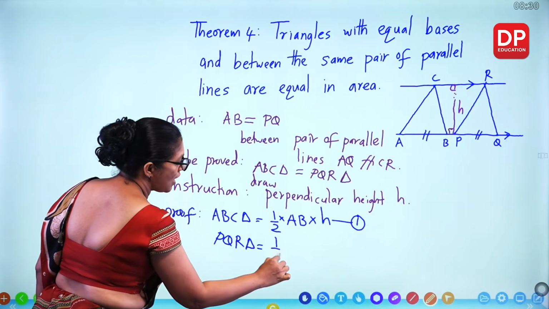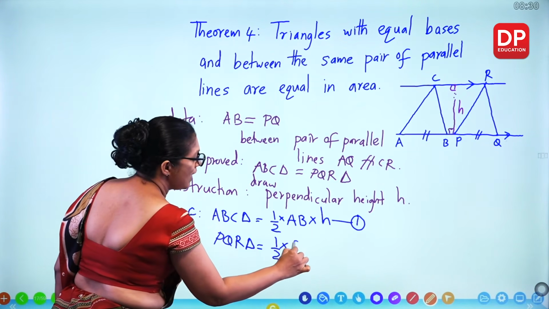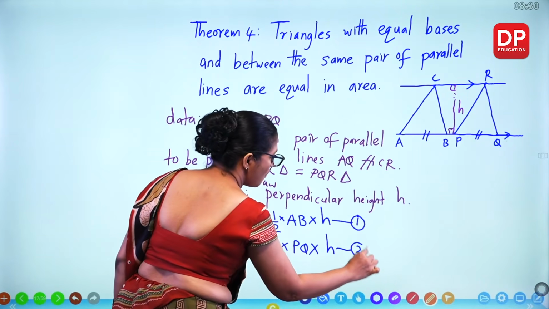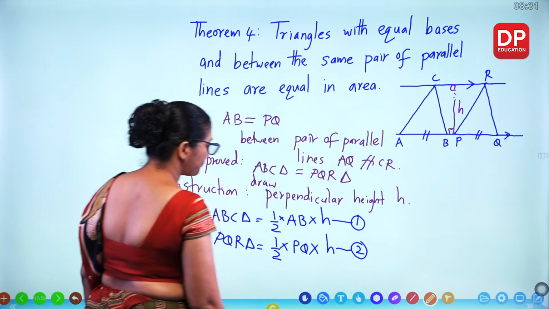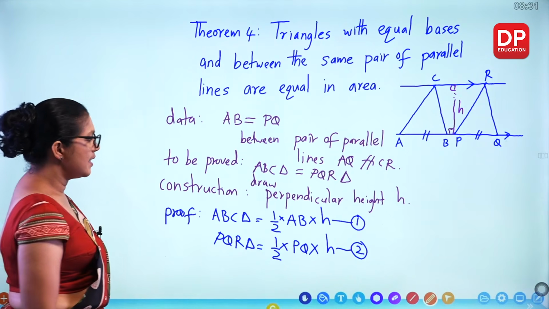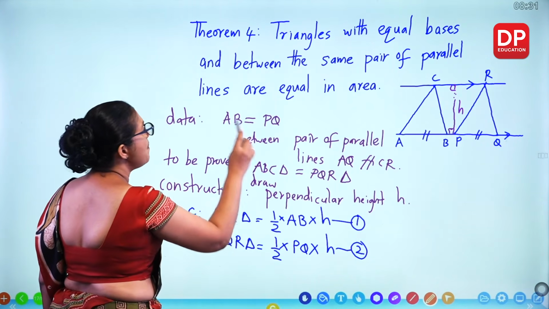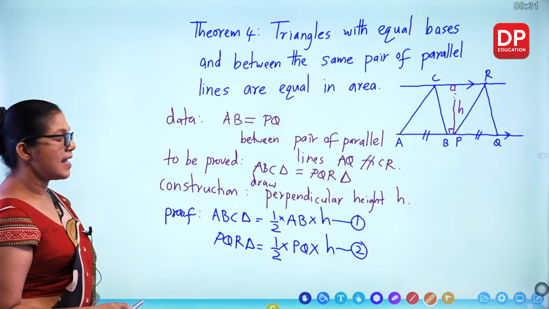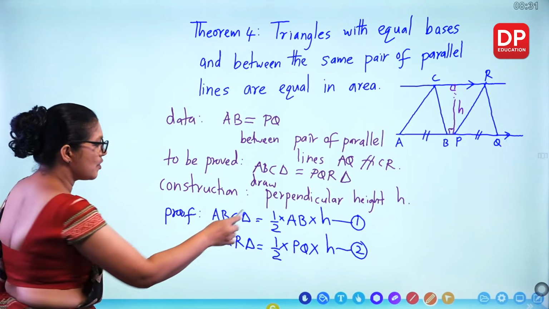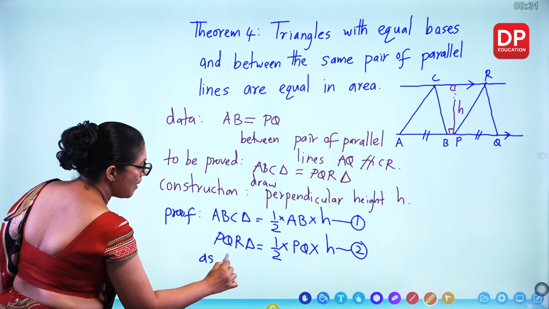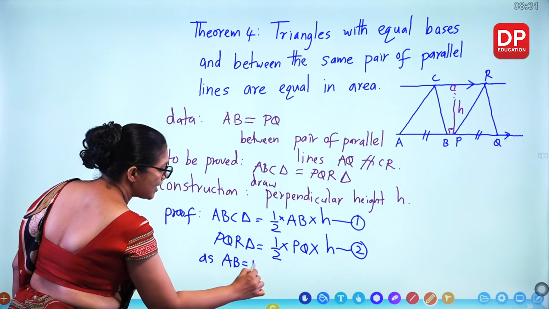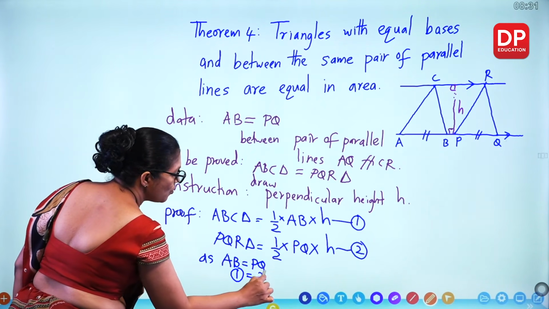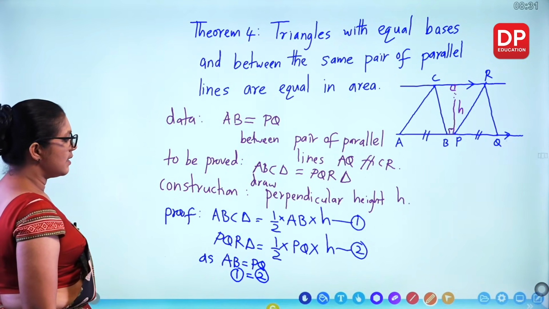PQR is half times PQ length into H. When you look at these two, what can you say? As AB and PQ equal, you get right hand side as the same. So as AB is equal to PQ, I can see 1 and 2 both are equal.